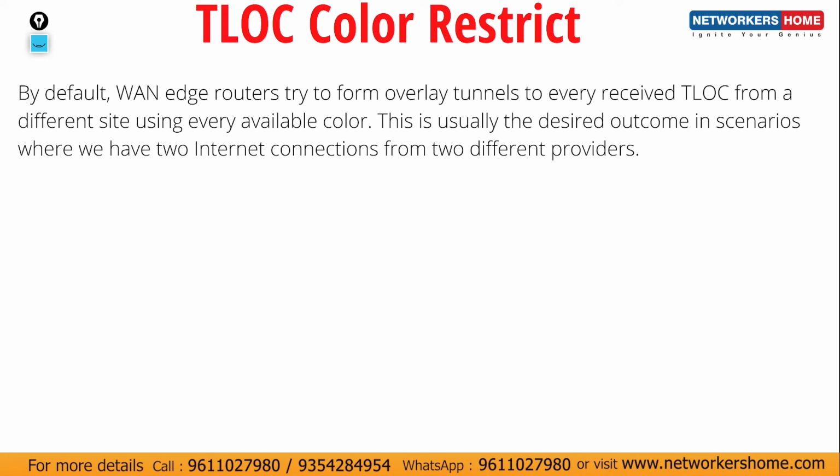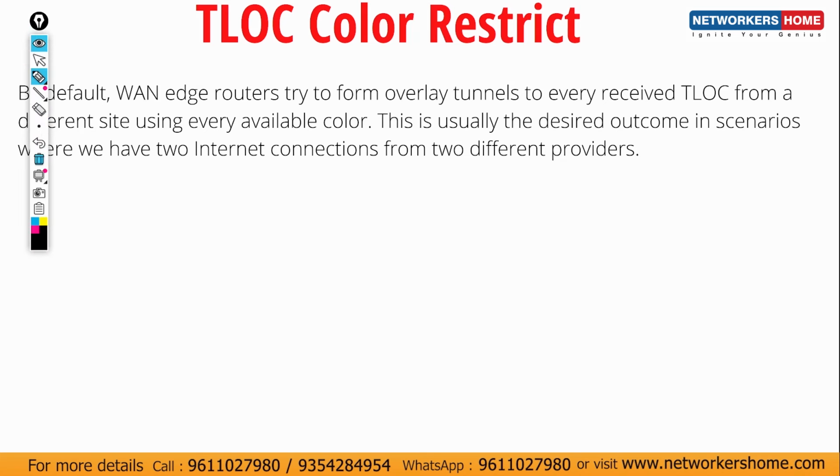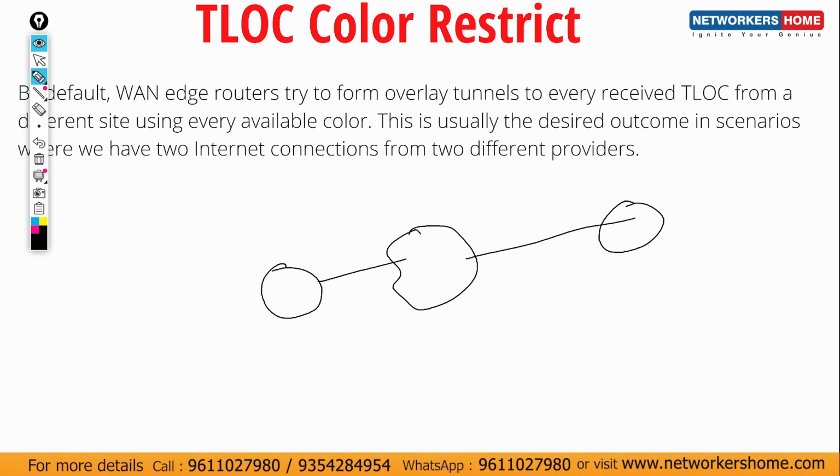What is a TLOC color restrict? By default, as we discussed, you will have a full mesh. Let me draw it here. Let's say these are all connected over internet.